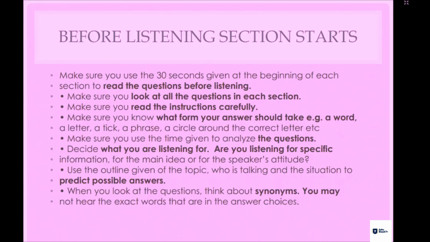Do you need to write a number, a letter, a word? And also what's really great is to look at the questions and decide what you are listening for. Well, I'm listening for somebody's name here. For number 4, I'm listening for a number. For number 3, I'm listening for them to say a color, right? So it's important to think about that.